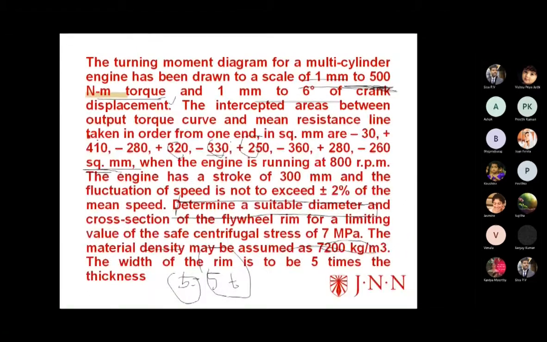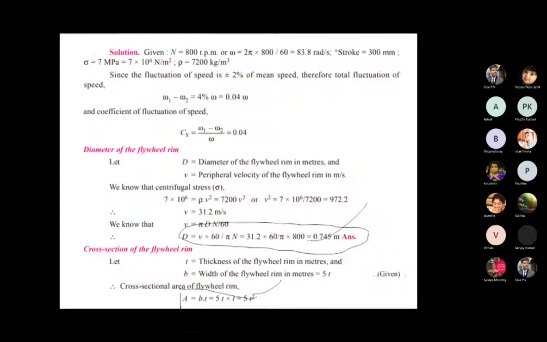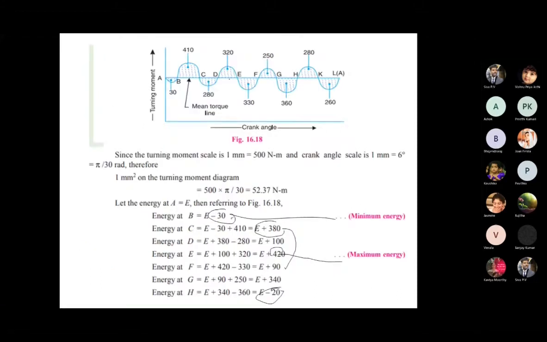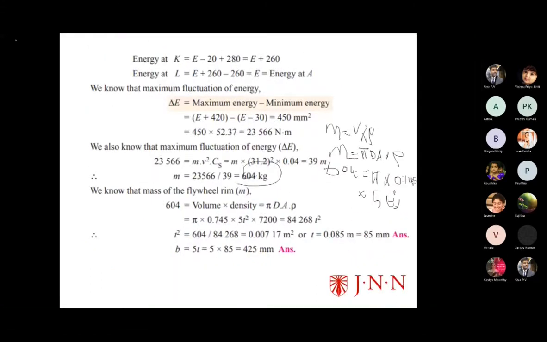The rho value is given as 7,200 kilogram per meter cube. Right? Rho equal to 7,200. Now simplify. Here 5t square is the unknown, all the other values are known. Only t is unknown. Keep t on this side and take the rest to that side.